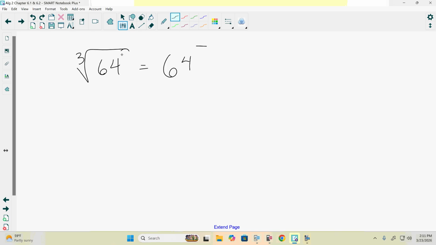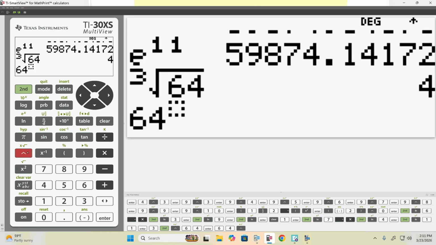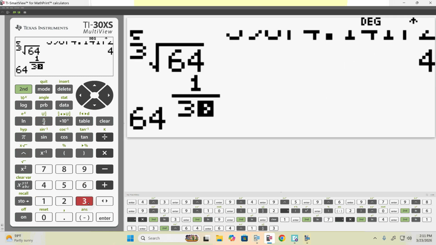Because an exponent here is understood to be 1. The root is the bottom. So if this property works, the cubed root of 64 should be the same as 64 to the 1/3. Both work.